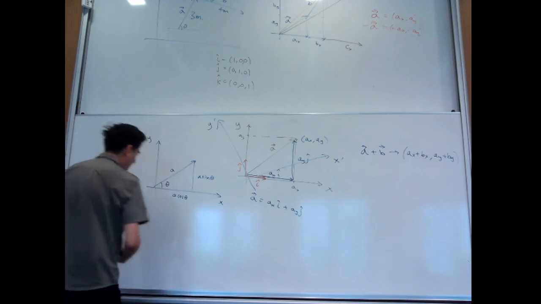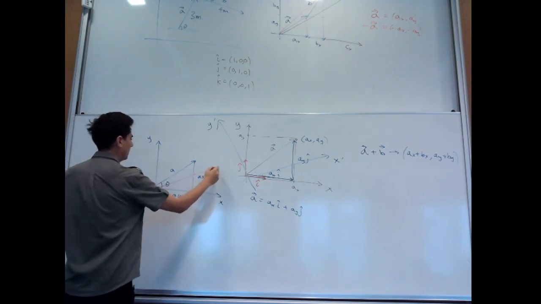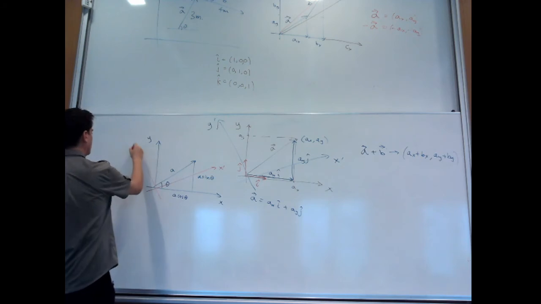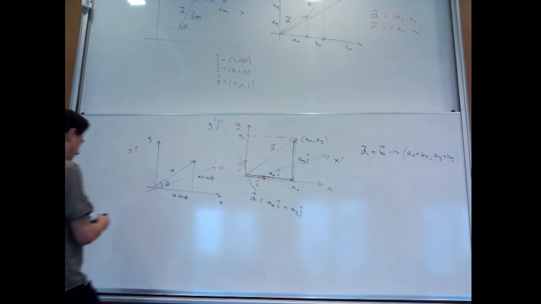But we could set up a different coordinate system. Say this is x prime and this is y prime. I hope this is not going to be too messy. Well, maybe we'll do an example like this.